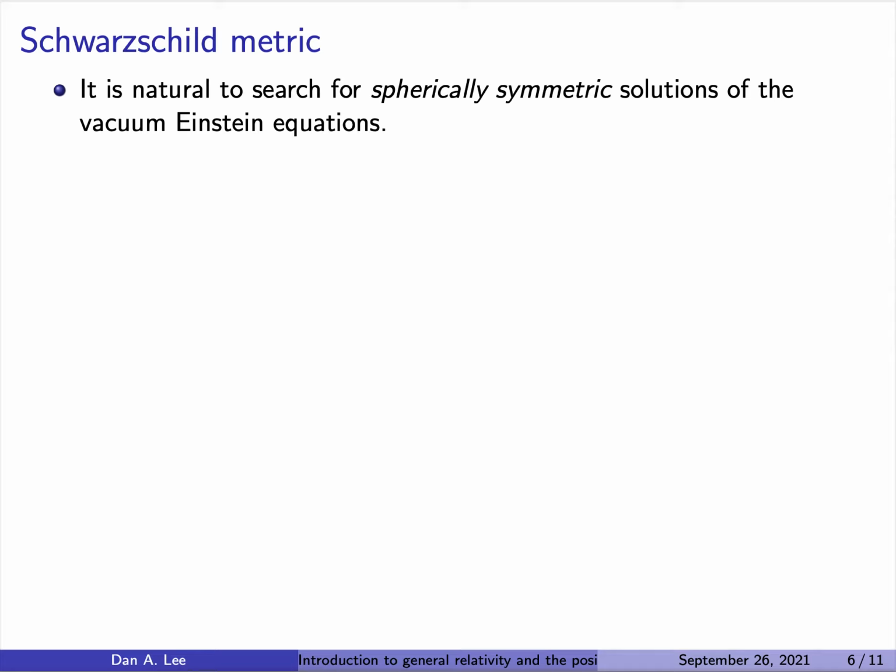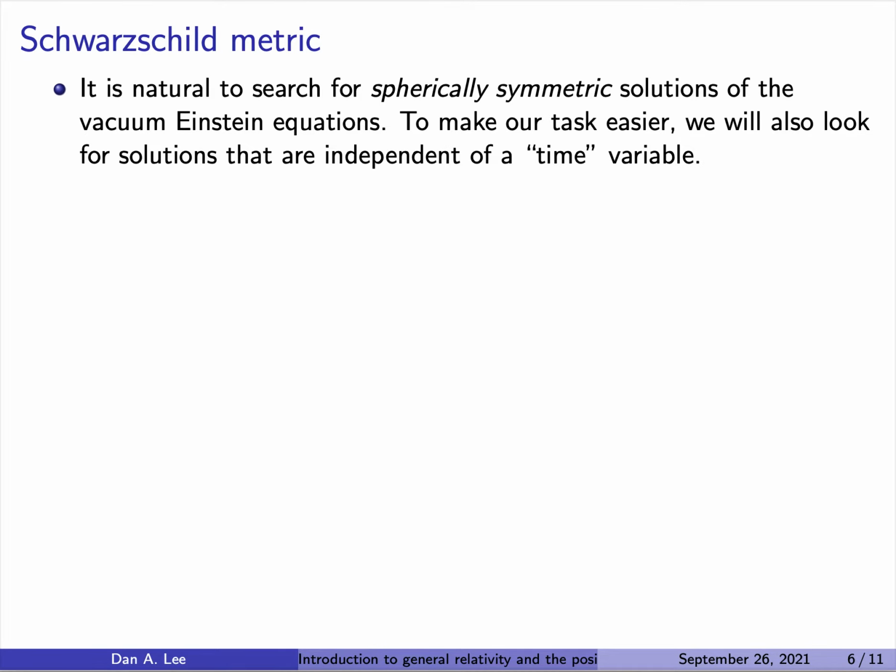So solving for spherically symmetric solutions of the vacuum Einstein equations is like solving for the exterior of a star or a planet, assuming there's nothing else in it. So it's an idealized situation. To make our task easier, we're also going to look for solutions that are independent of a time variable. So this would be a situation where you have a star or a planet that's just not moving, not changing. Again, that's a very special situation, but it's a very natural situation to want to understand.